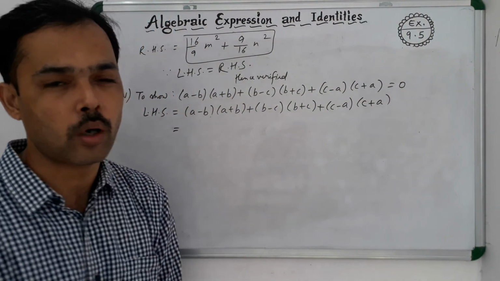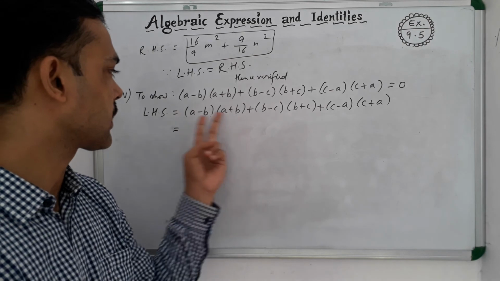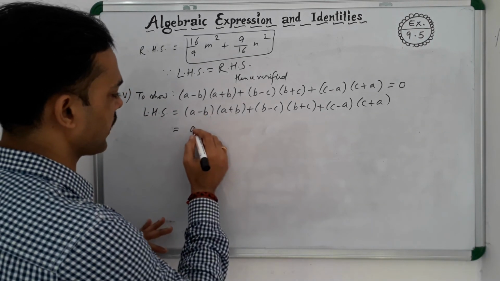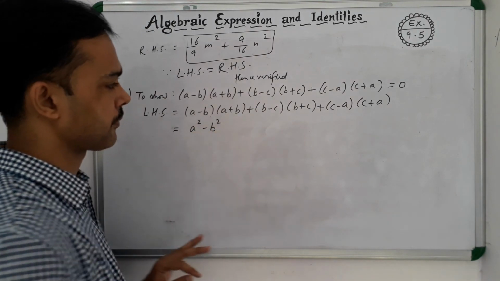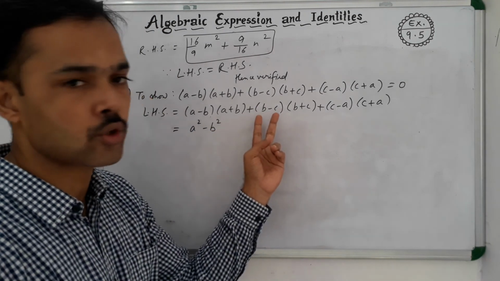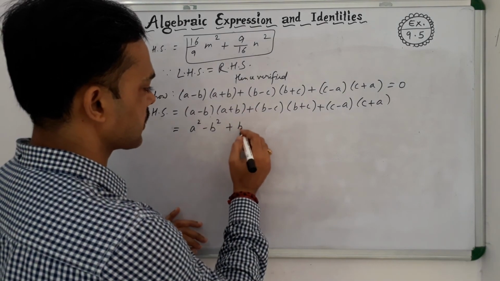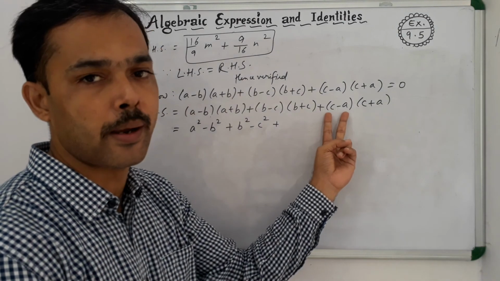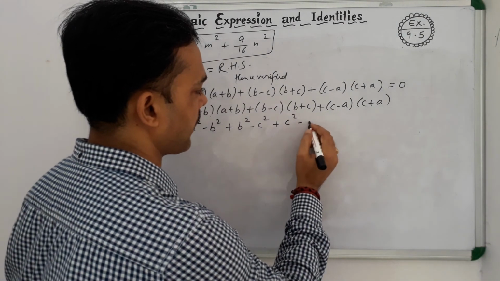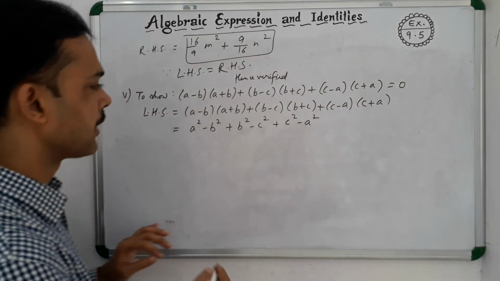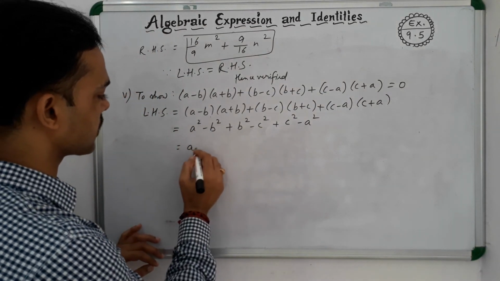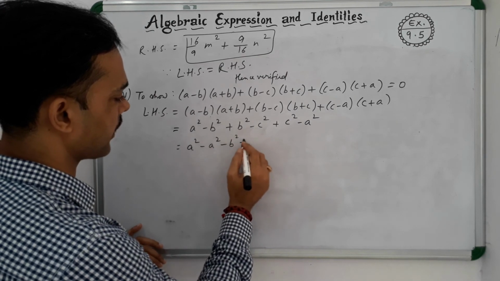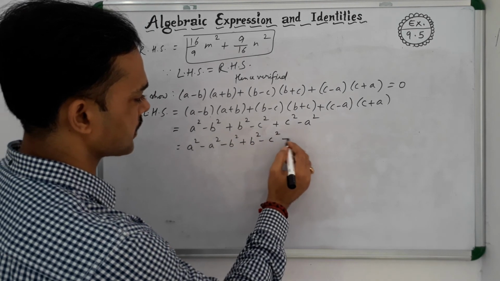Let us see what you observe over here. This is (a plus b) into (a minus b), which is equal to a square minus b square. This is (b plus c) into (b minus c), means b square minus c square. This is (c plus a) into (c minus a), means c square minus a square. Now you observe that a square minus b square plus b square minus c square plus c square minus a square.